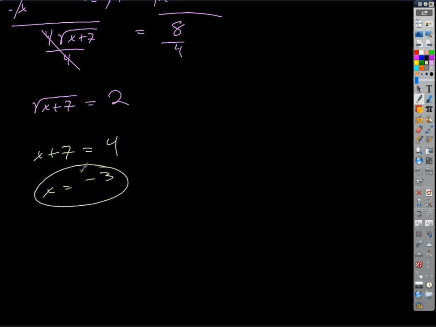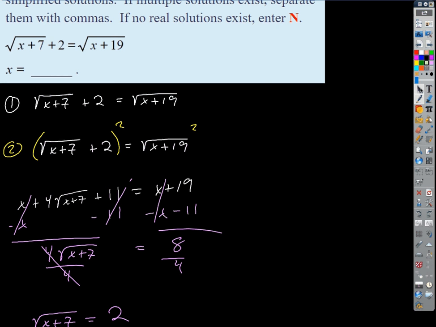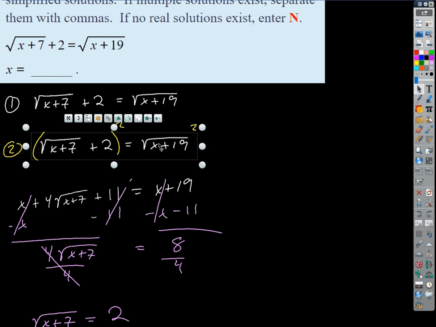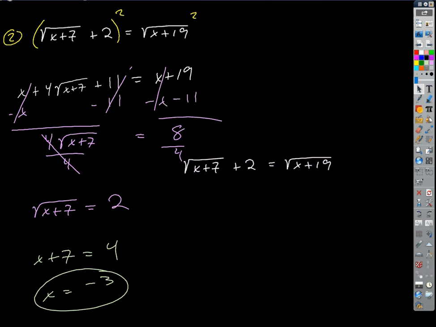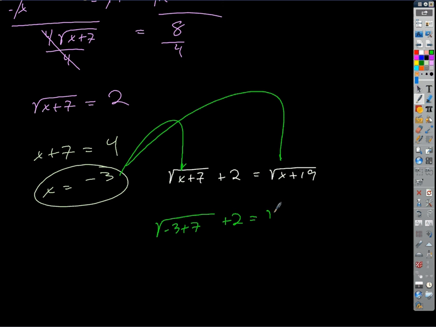Okay, but what must I do, of course? Check it. Gotta go back and check it. So we'll go back to the original equation, which is right here. And we'll check that. Okay, so if we plug in -3 for our x's, we get the square root of -3 plus 7 plus 2 equals the square root of -3 plus 19.